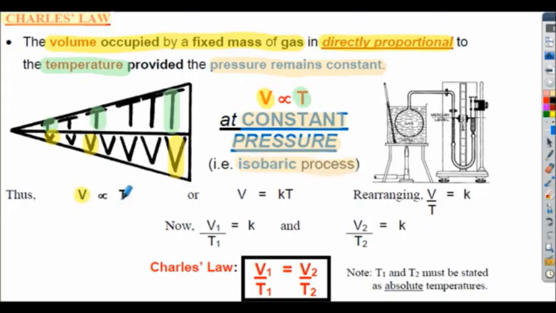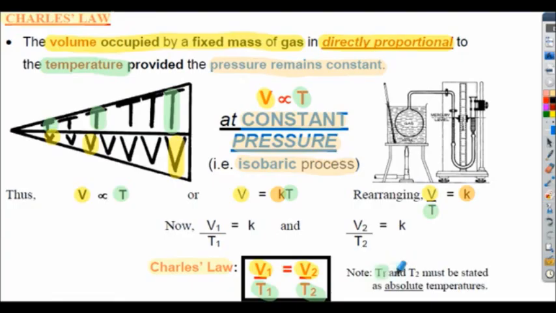So as V is proportional to T, we can write V is equal to K multiplied by T, and simply rearranging, V divided by T is equal to K. So again, using our notation of V1, T1 being the volume and temperature at the initial state of the gas, and V2, T2 being the volume and temperature at the final state of the gas, we're able to write Charles' law as shown here: V1 divided by T1 is equal to V2 divided by T2.